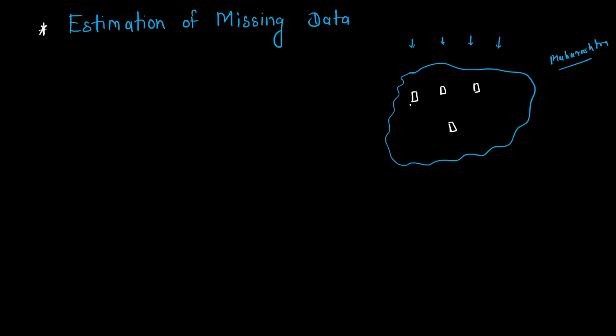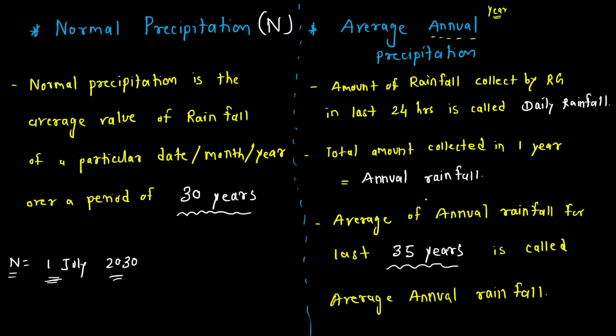These four rain gauges are continuously taking the data, and if we take the data for the last 35 years and take the average of that, we will get the average annual precipitation, that is the average of annual rainfall for the last 35 years.